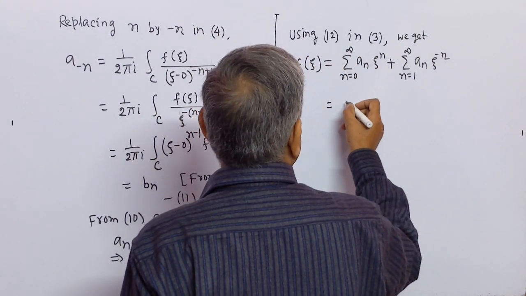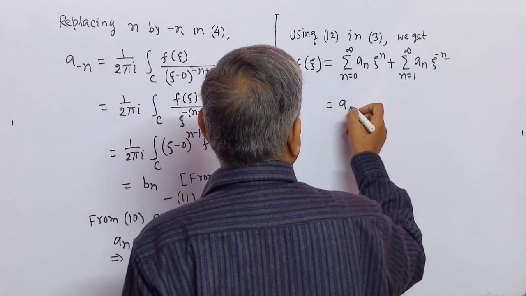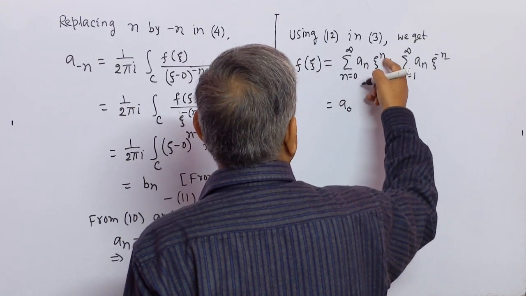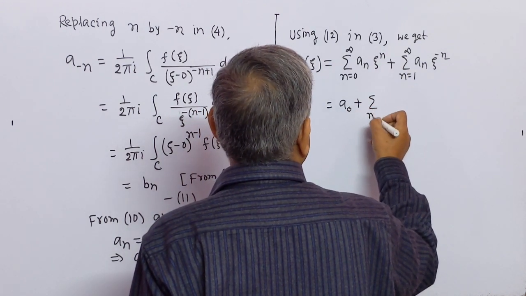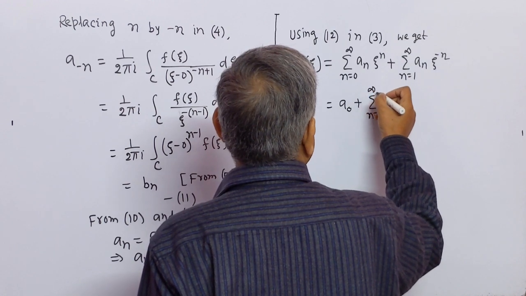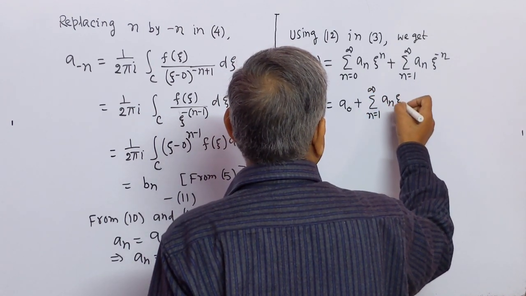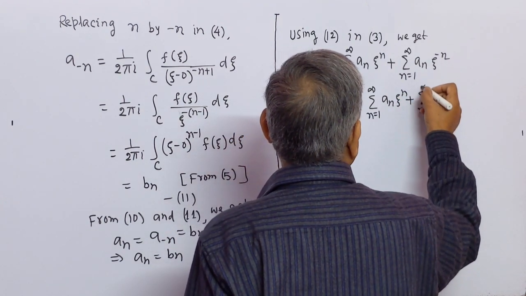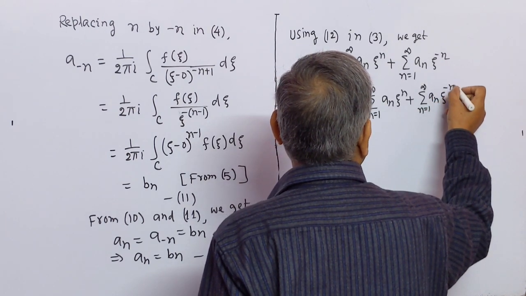We may write this, if n equal to 0, a naught xi to the power 0, 1, plus sigma n equal to 1 to infinity an xi to the power n plus sigma n equal to 1 to infinity an xi to the power minus n.